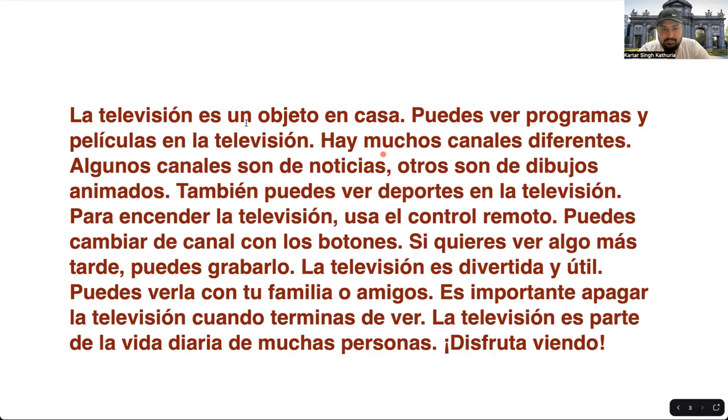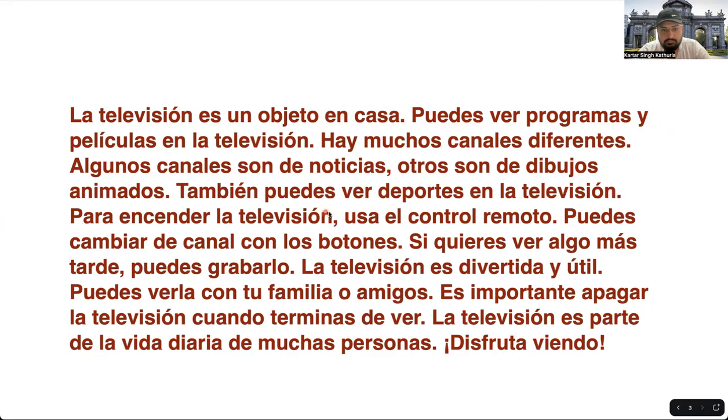Hay mu- give me a moment. La televisión es un objeto en casa. There we go. La televisión es un objeto en casa. Puedes ver programas y películas en la televisión. Hay muchos canales diferentes. Algunos canales son de noticias, otros son de dibujos animados. También puedes ver deportes en la televisión.